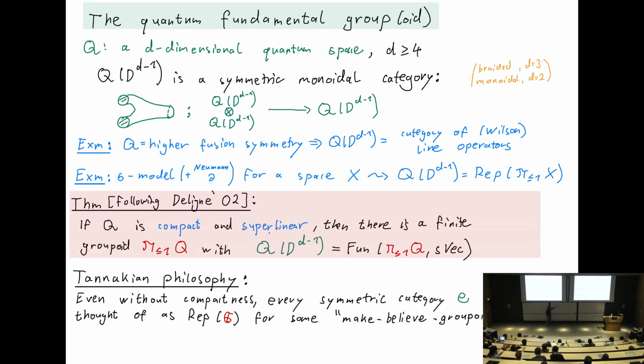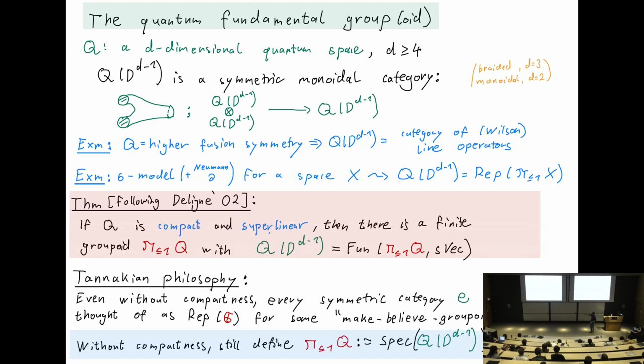And similarly, for such a thing, you can say there is an actual groupoid below it. The objects are the fiber functors, and the morphisms are the transformations between the fiber functors. But the point is, there's more data in the symmetric category. This is a groupoid, but there's fuzz around it, like in algebraic geometry. So even in this non-compact case, I want you to think of pi1 as being this fuzzy groupoid underlying the symmetric category.